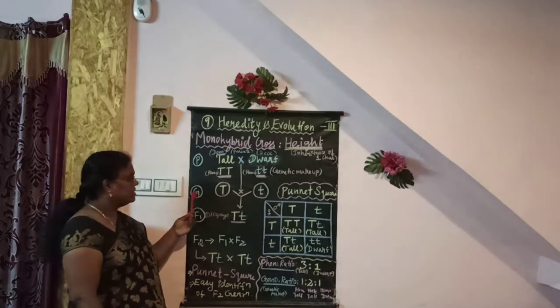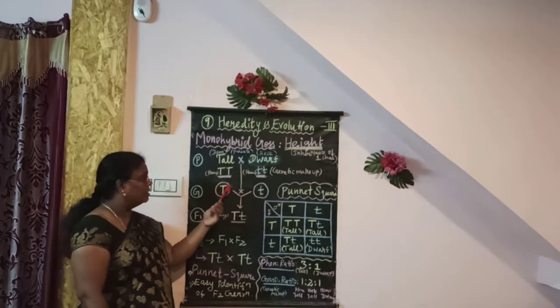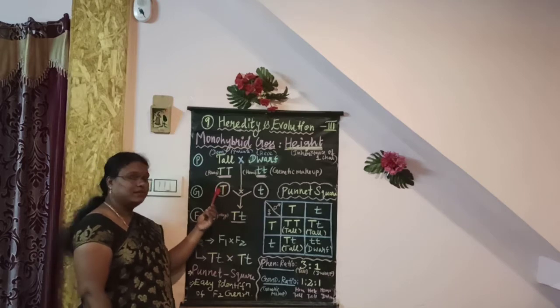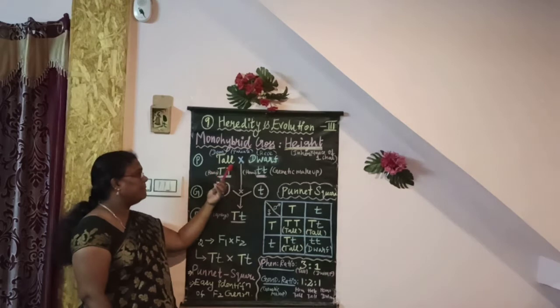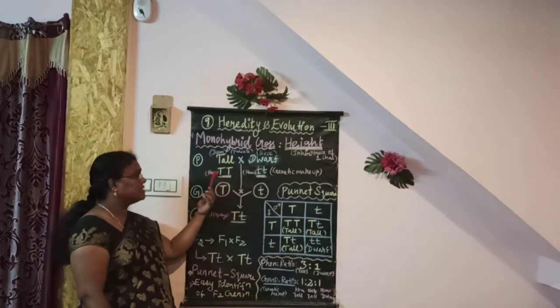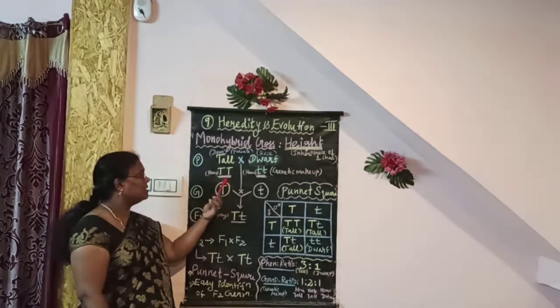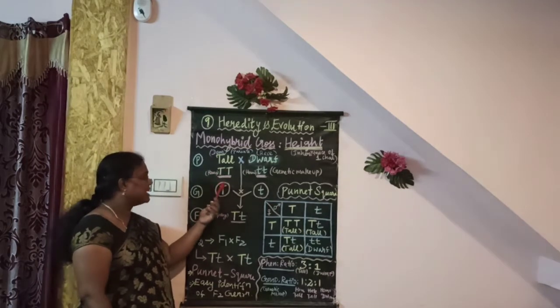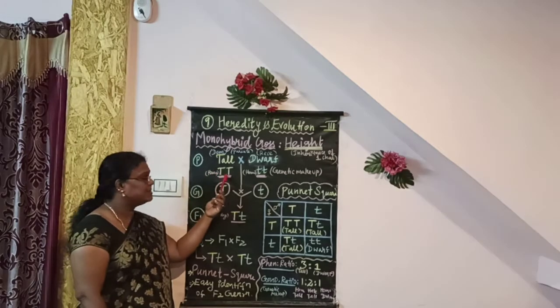And G denotes gametes. So we can get the gametes like this, capital T and small t. How? Here both are the same, capital T, so we can take capital T as the representative. So this capital T represents the genetic makeup of the homozygous gamete.